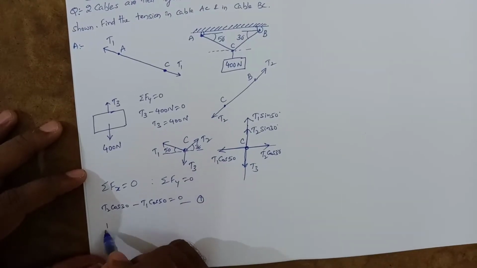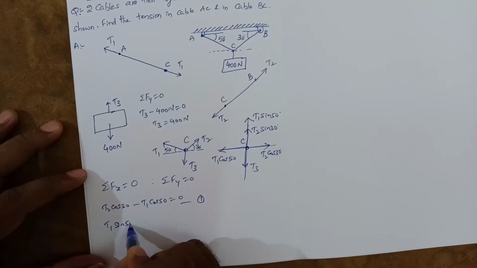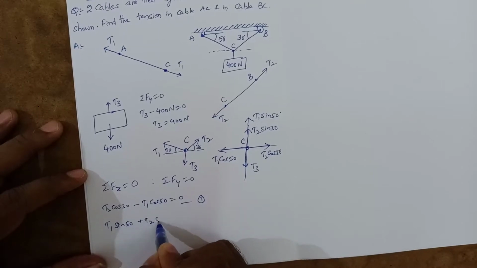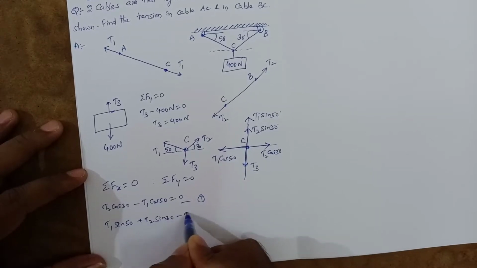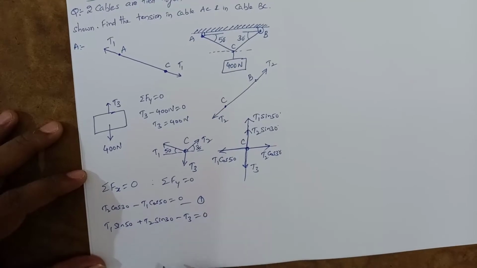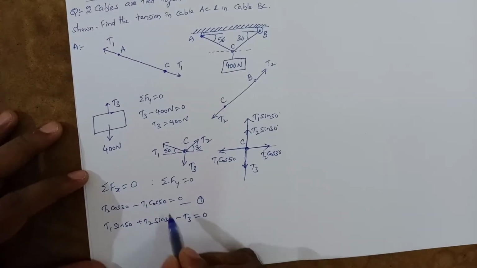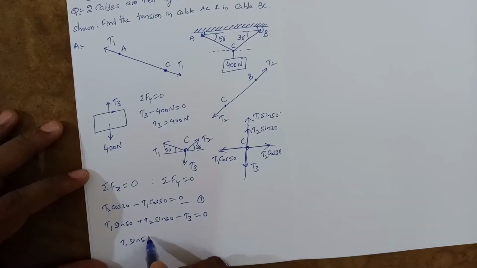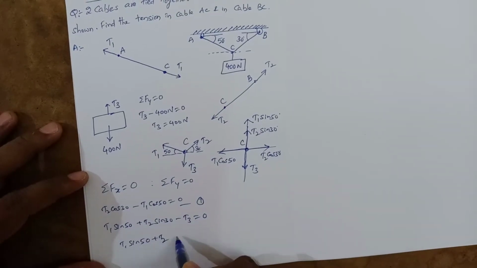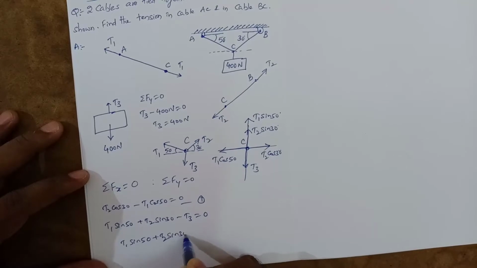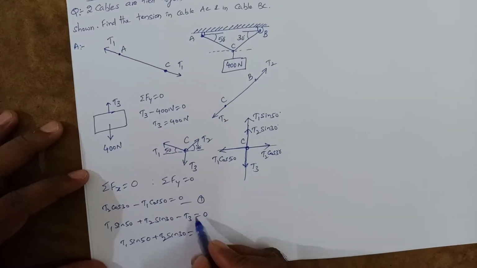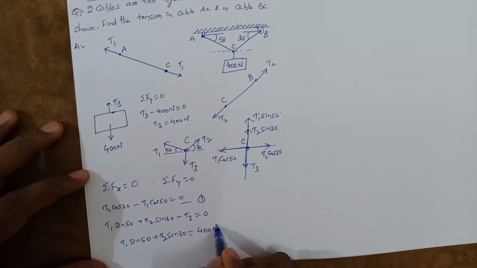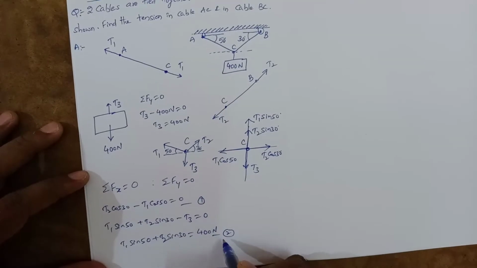So that is T1 sin 50 plus T2 sin 30 minus T3 is equal to 0. And now T3 is equal to 400 Newton. So substituting here, T1 sin 50 plus T2 sin 30 is equal to T3, that is equal to 400 Newton. Equation 1 and equation 2.